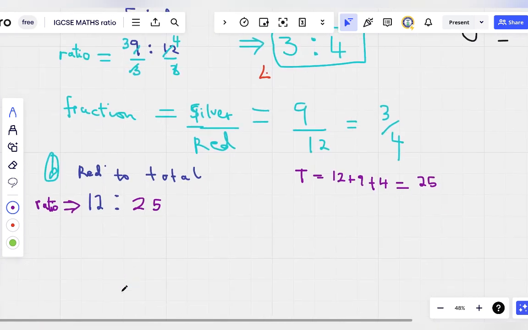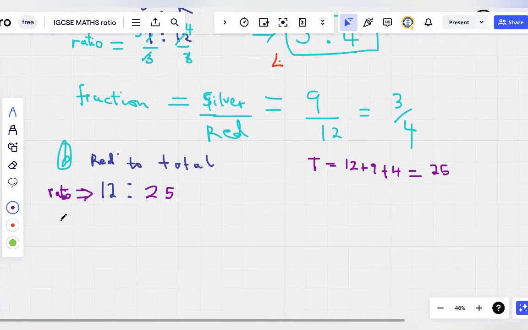So if we want to leave the answer in fractional form, for fraction, we write 12 over 25. That's it. That's if you want to put it in fractional notation.